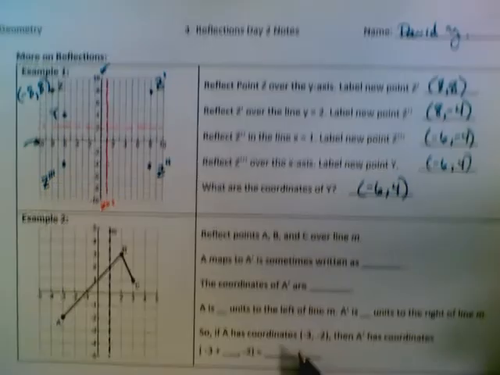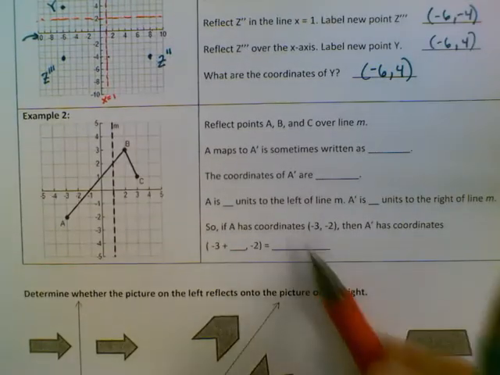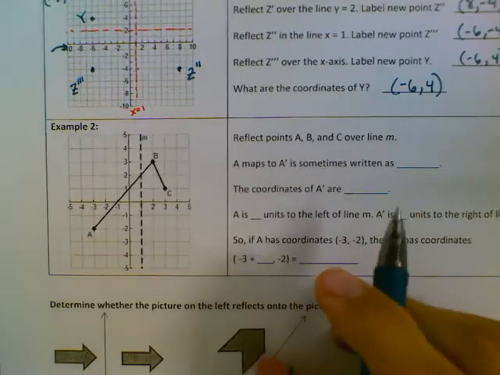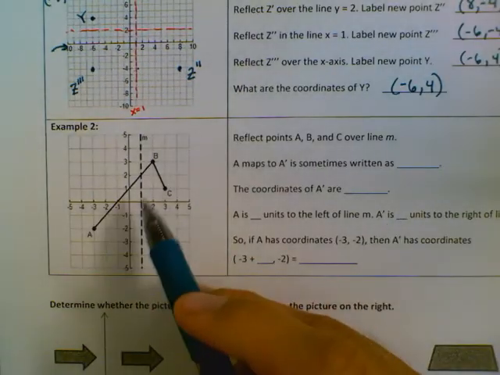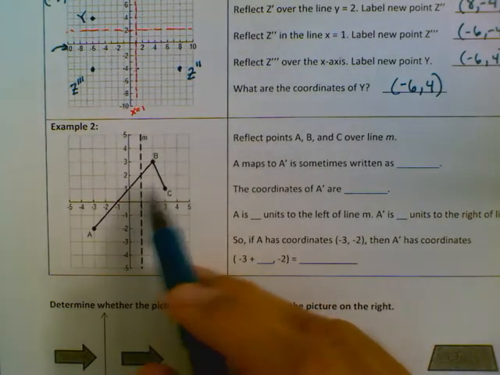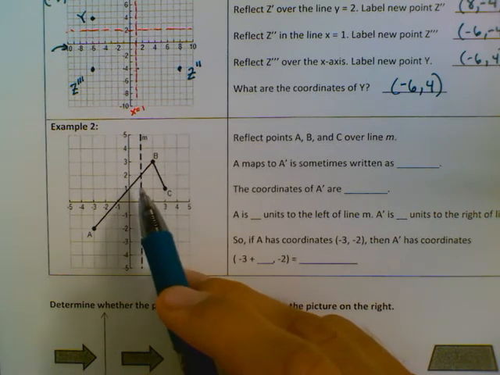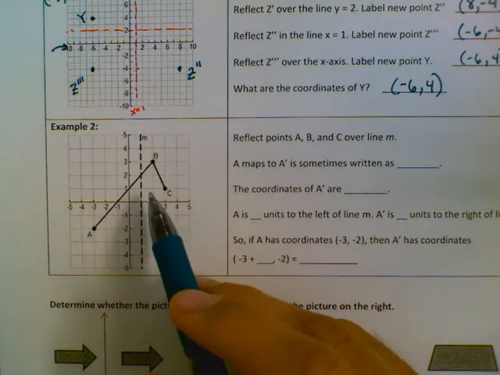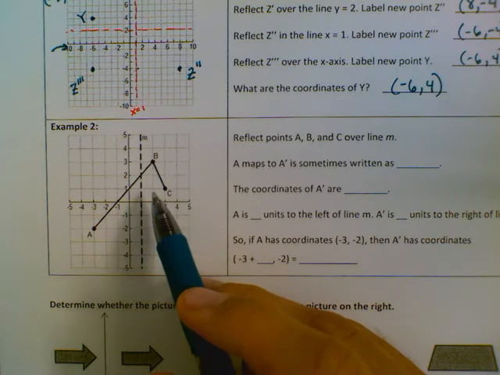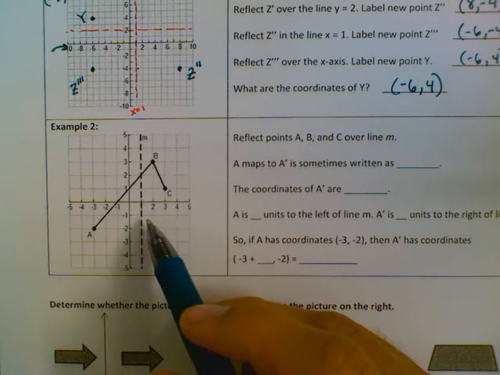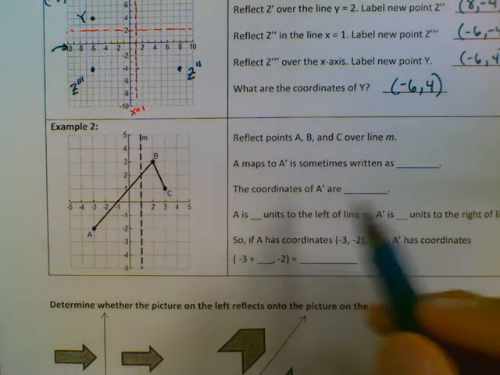Okay? Now the second example is where a lot of people get confused, because when you fold this over the line, it will actually be kind of on top of itself. So let's take a look at what this question asks us.